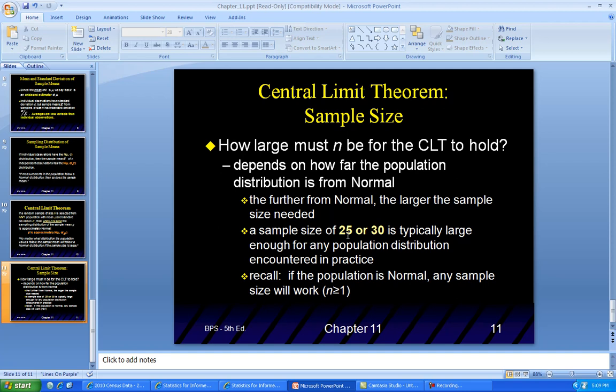So you could think that you took 25 or 30 people at random at the mall and measured their heights, and then you found the sample mean, which would be the same as the population mean, and your standard deviation would be the standard deviation of men's height, for instance, divided by the square root of either 25 or 30 or whatever number you got.